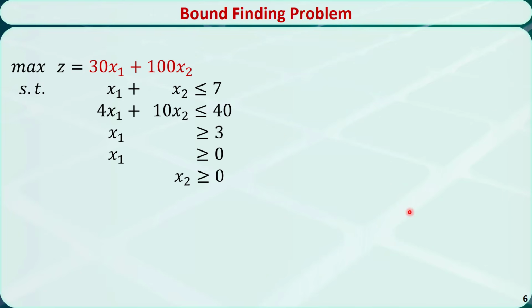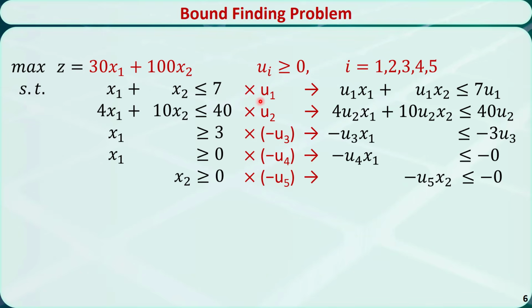Let's check these steps in a general case. We need to multiply each constraint by a non-negative value ui. For the first constraint, we multiply it by u1. This is the updated constraint. For the second constraint, we multiply it by u2. For the last three constraints, we multiply them by minus u3, minus u4, minus u5, respectively.